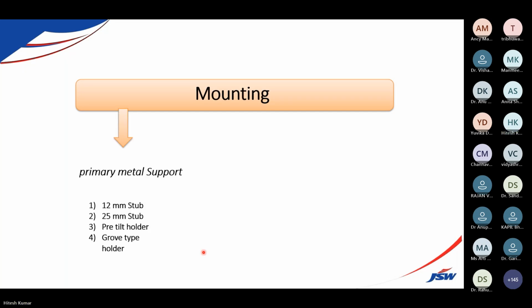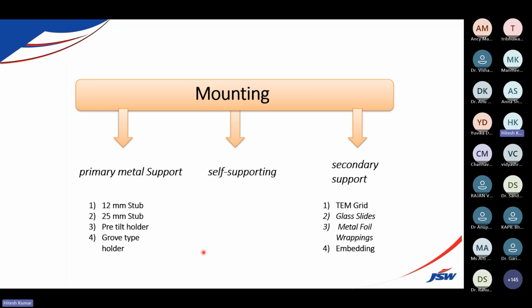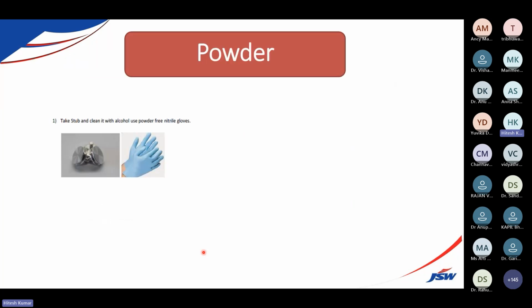If you have primary metal supports, you can use 12 mm, 25 mm, pin-tilt holders, or groove type holders. Then secondary supports are TEM grids, glass slides, metal foil, wrapping, embedding. But with powder samples, you need to use them in a proper way.